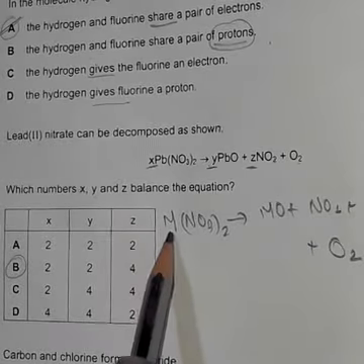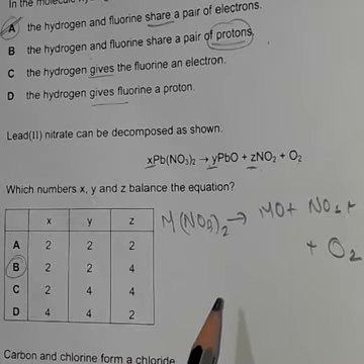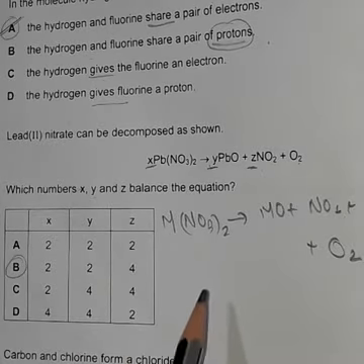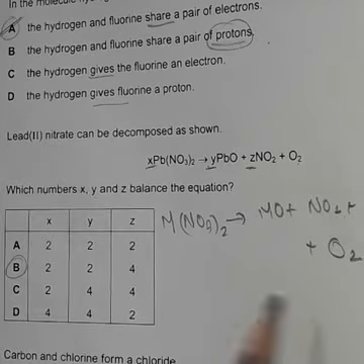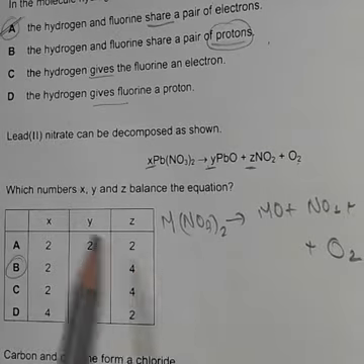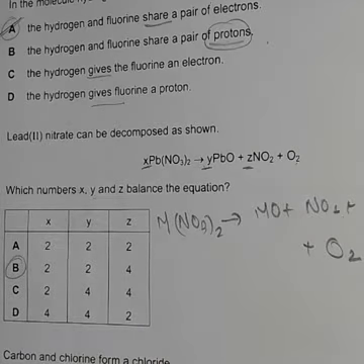Here M represents a metal such as calcium, barium, lead, copper. In all these cases you have to balance the same way, using the same method.